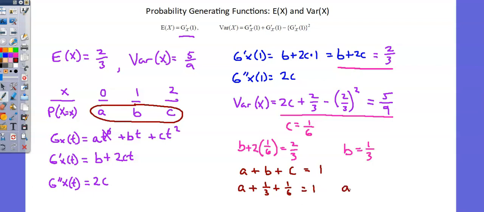And we can solve to A equals 1/2. And now we have the three required probabilities. C, 1 over 6, B, 1 over 3, A, 1 over 2. And this completes the lesson on probability generating functions, expectation, and variance.